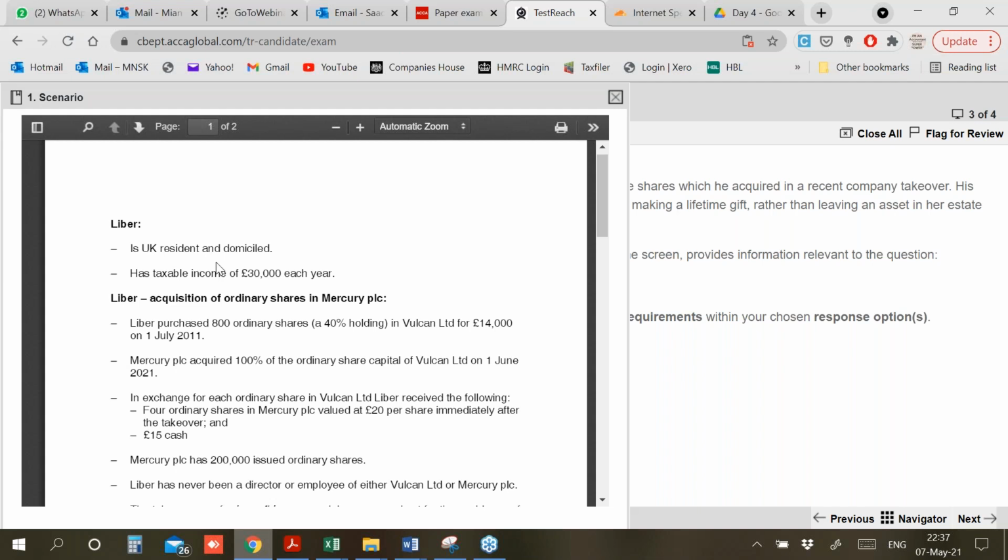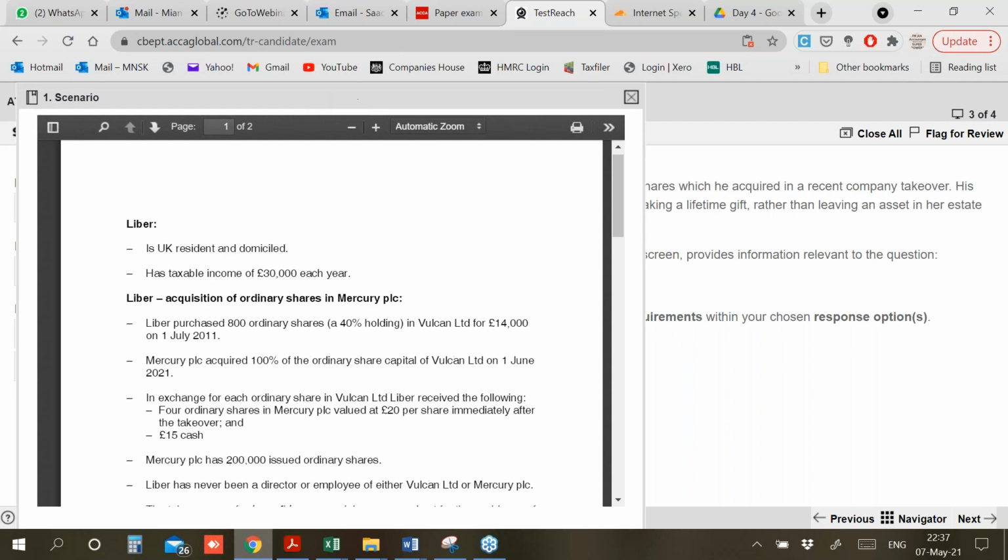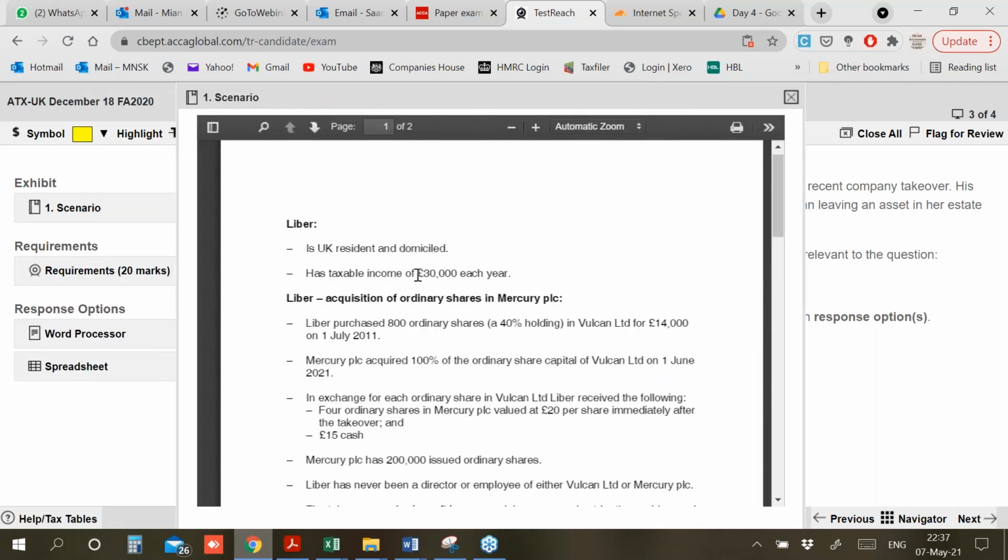LIBOR is a UK resident and domiciled, has taxable income of 30,000 each year. So do remember her taxable income, guys, because it will help us to determine any implications. If his taxable income is 30,000, she's a basic rate band payer.